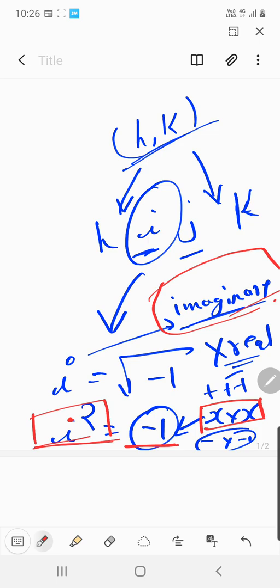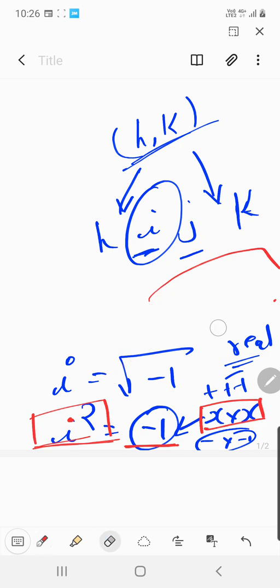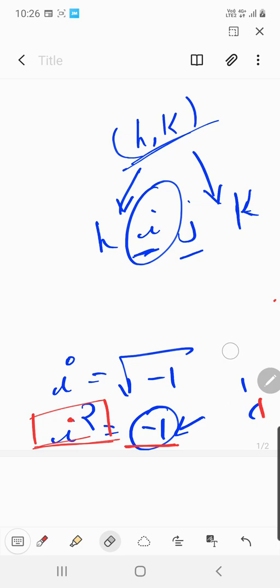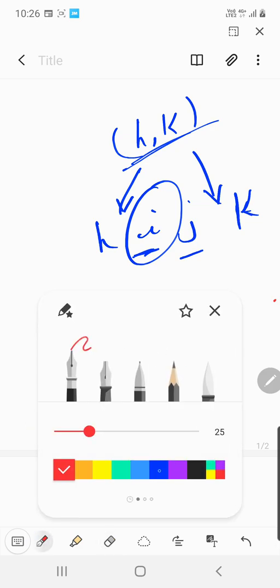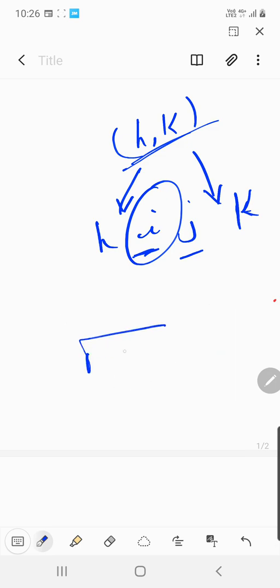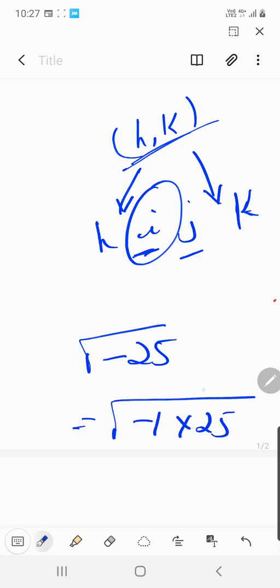and from that comes i, the world of complex numbers, imaginary numbers, where, for example, square root of minus 25 is equal to square root of minus 1 times 25, which is square root of minus 1 times square root of 25.